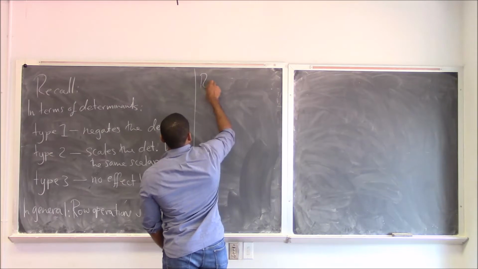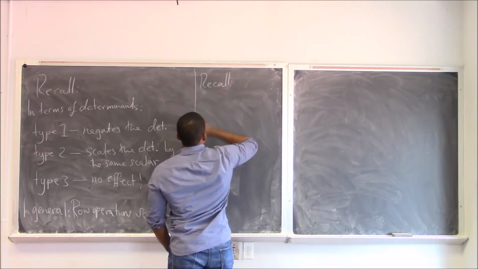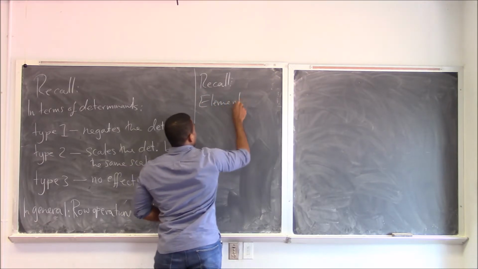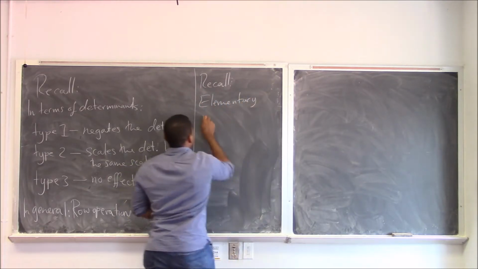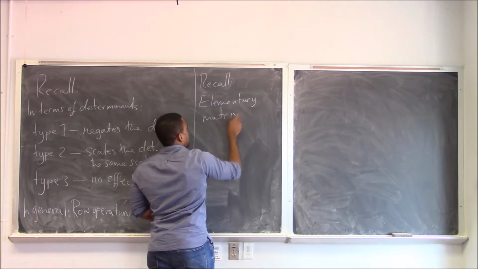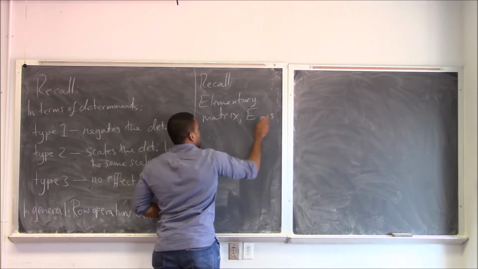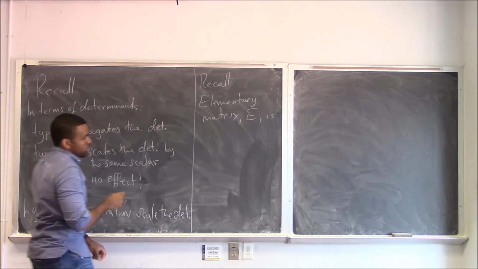So also recall what an elementary matrix is. How do we obtain elementary matrices?